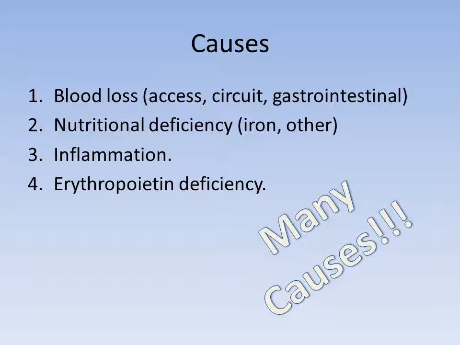And finally, the most important of all is something called erythropoietin deficiency. We'll talk about this in detail, but essentially the kidneys make a hormone called erythropoietin, which stimulates red blood cell production in the bone marrow. In most dialysis patients, the underproduction of erythropoietin is the main reason for anemia.